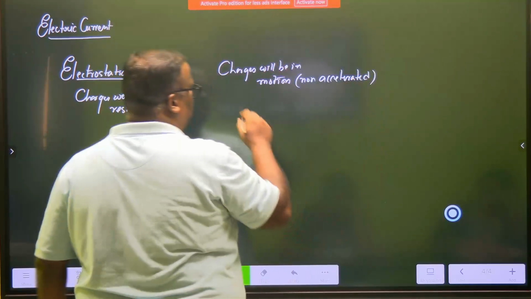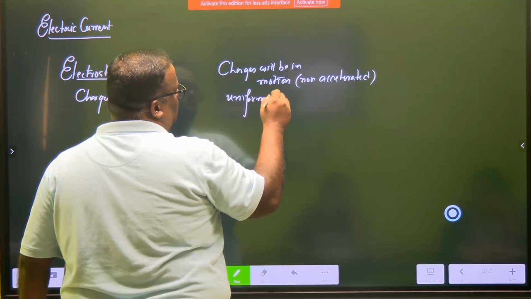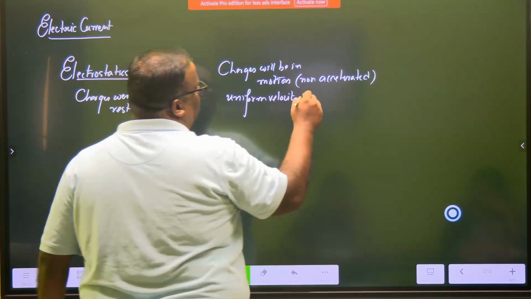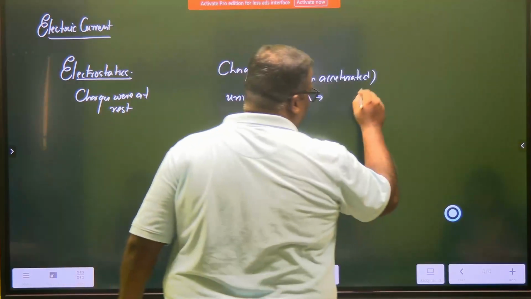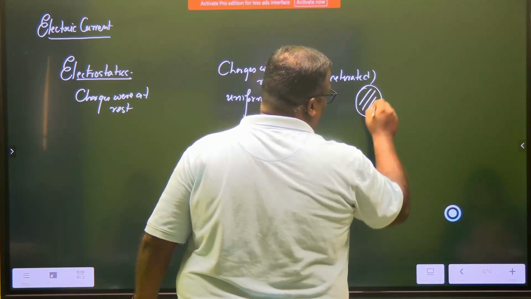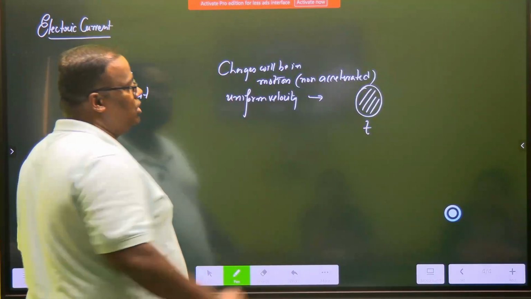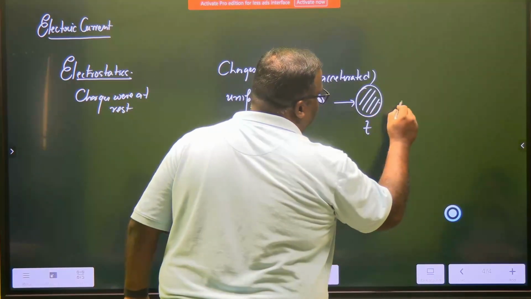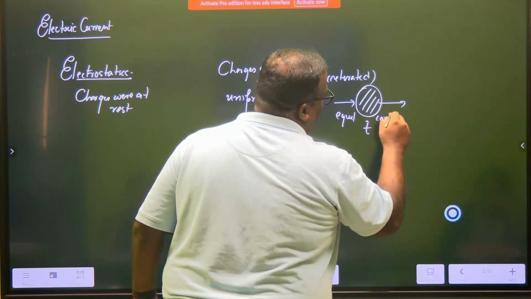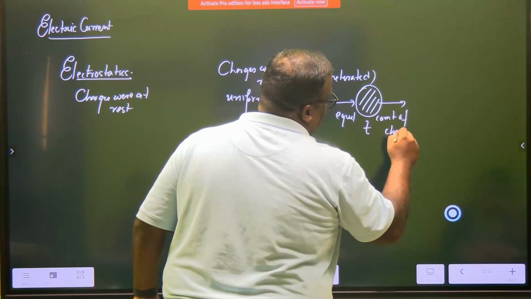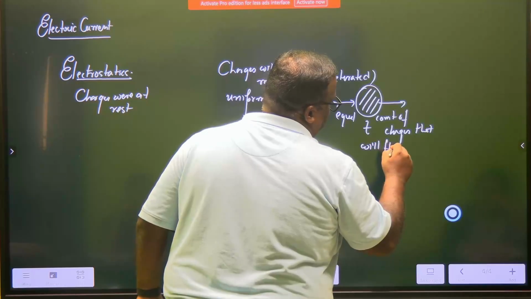As a result, they will move with a uniform velocity and give rise to something. Uniform velocity means, if you think about a cross section, this is a cross section of a conductor, and say there is a time t elapsed, and if you are having uniform velocity, then you will have an equal count of charges that will flow past.